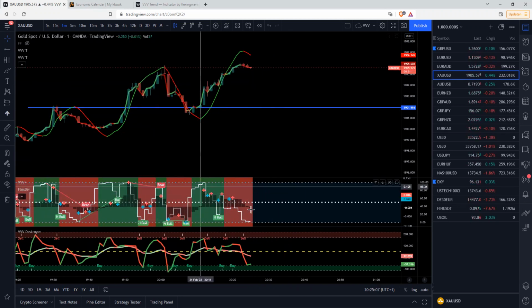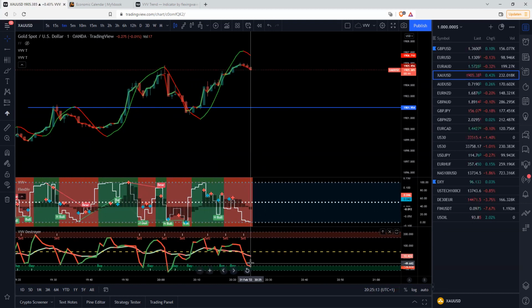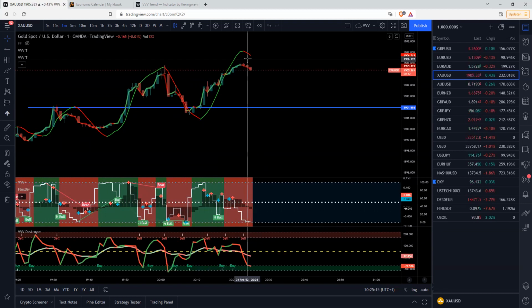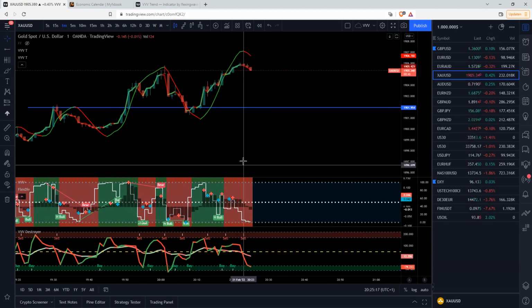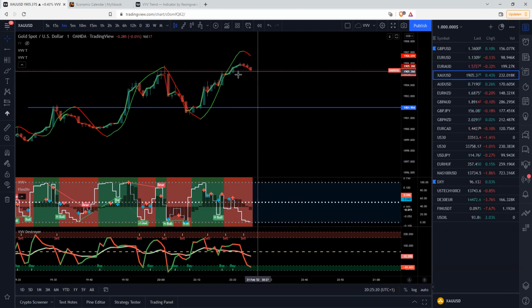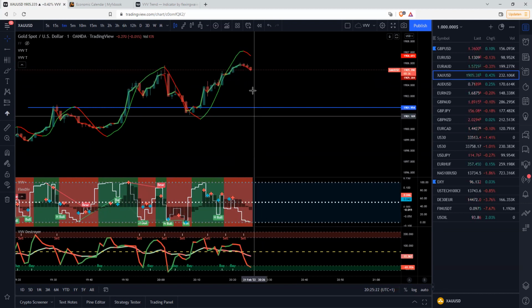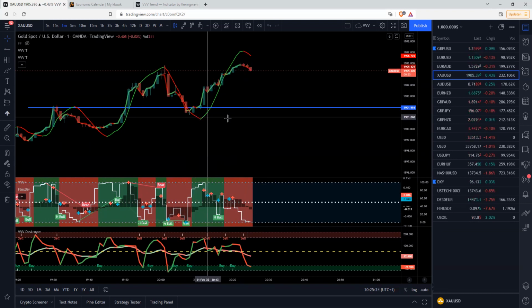All right, we get below the zero line, but the colors are matching now. So basically, when the colors matching, then we can go to downstairs or upstairs, actually.